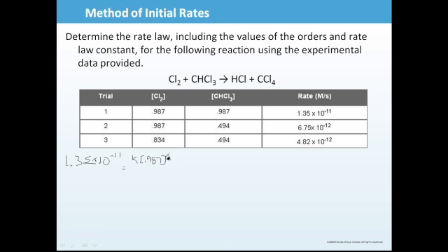The first one we raise to X, and the second one we raise to Y. Again, we don't know X and Y yet. That's what we're trying to figure out right now. Since we're comparing them, we can set them up like a ratio or a proportion.